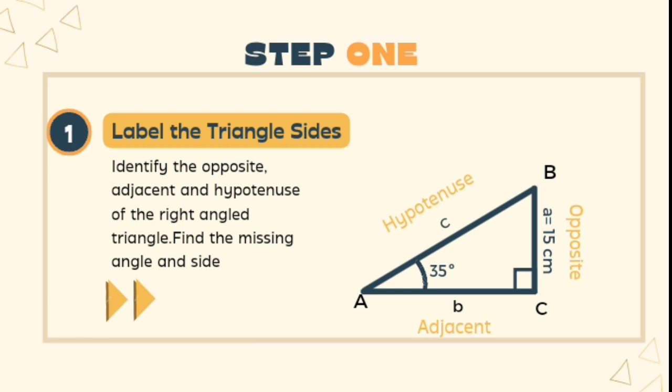So Step 1. Label the triangle sides, which is to identify the opposite, adjacent, and hypotenuse of the right-angled triangle and find the missing angle and side.